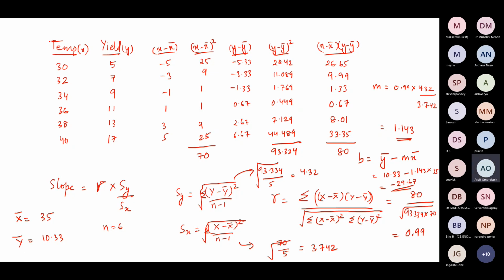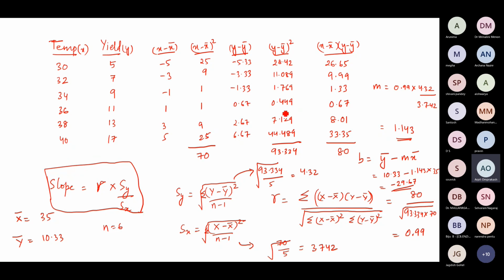Okay, so first for slope, you have this formula. For this, you need to calculate the standard deviation of x, y, and r. Then standard deviation is given as this, and r is given as this. Then from x and y, we make all these columns. We sum some of them. Then we use those values to get the values for r, sy, and sx.